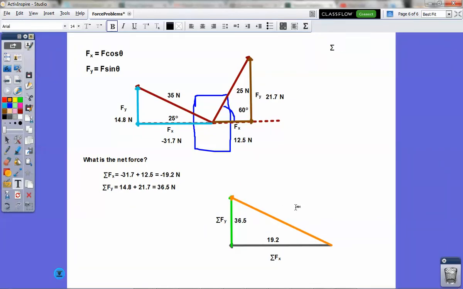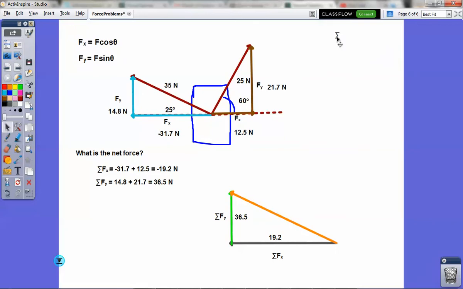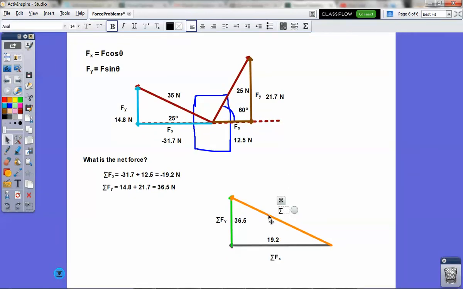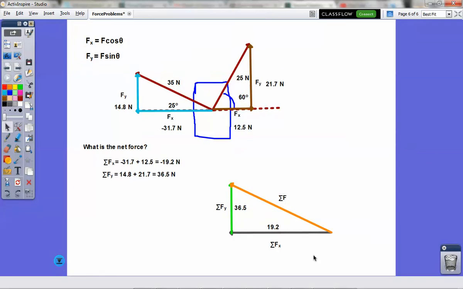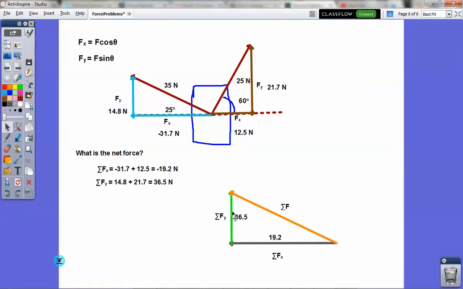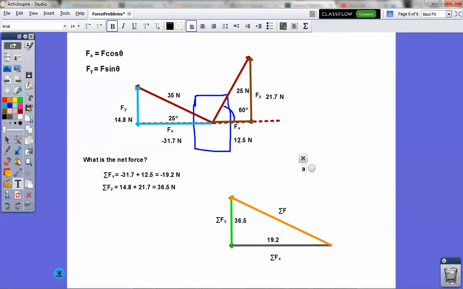How do we find that net force? What do you think we'd have to do? Well, if I have the adjacent value and I have an opposite value, can I use something to find this value here? The answer is yes. I can use the Pythagorean theorem: a squared plus b squared equals c squared.